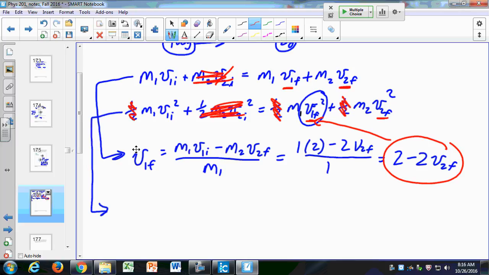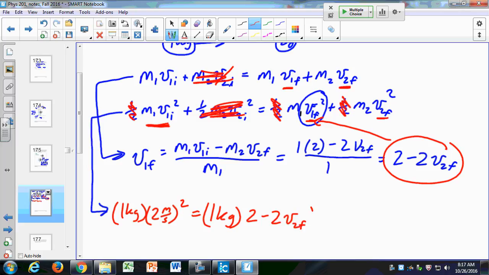So it's going to look like this. m1, which was 1 kilogram, times v1 initial, which was 2 meters per second, squared, that's this part, is equal to m1, which is 1 kilogram, times 2 minus 2 v2f squared, that's this term, plus m2, which is 2 kilograms, times v2f squared.